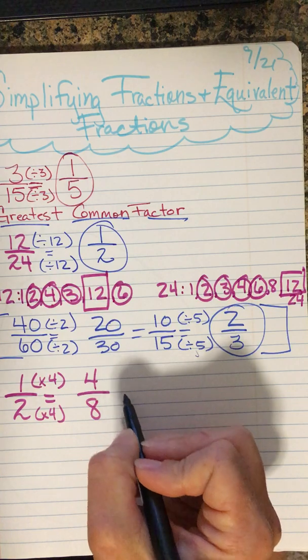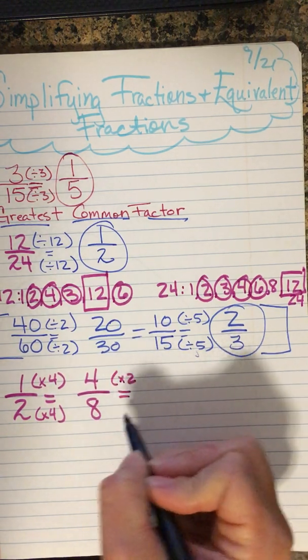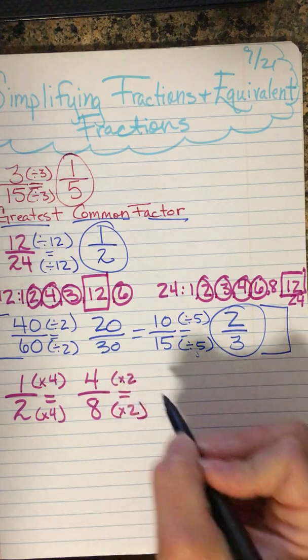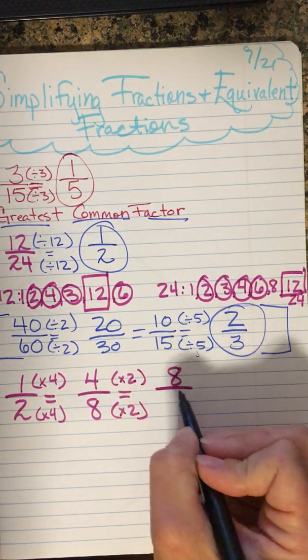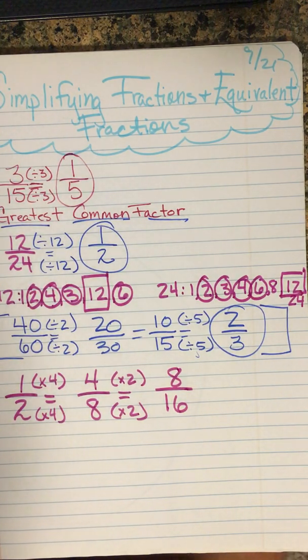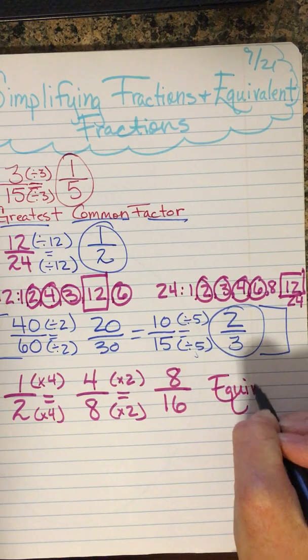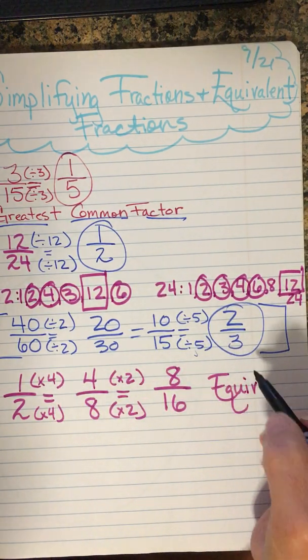I could also multiply 4/8 by 2 and get 8/16, also an equivalent fraction. So when you're doing equivalent fractions, you need to make sure you're multiplying the numerator and denominator by the same number.